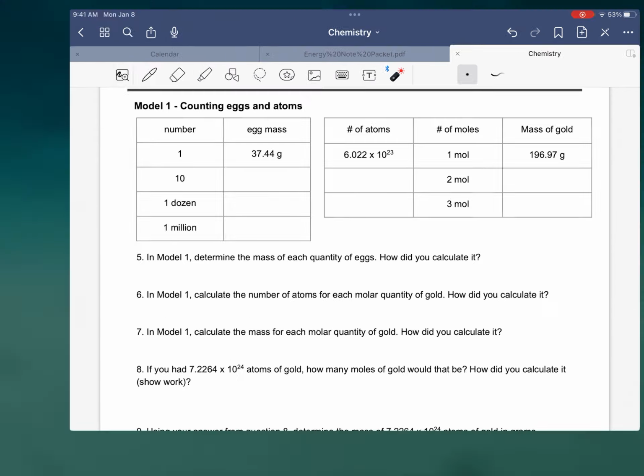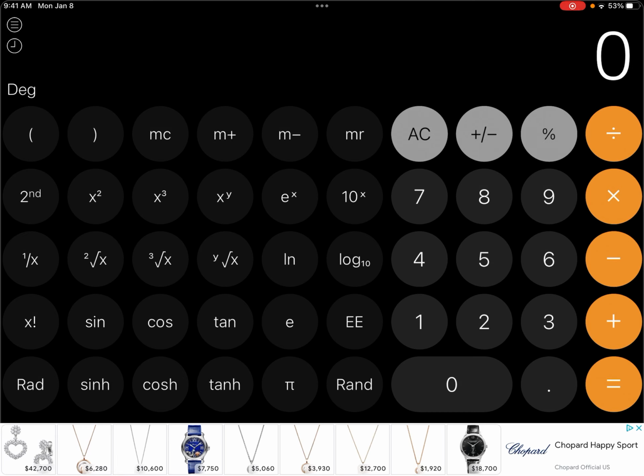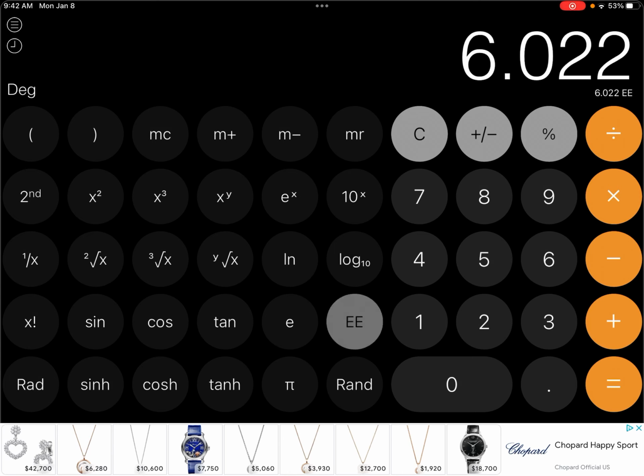I am going to show you how you put this into a calculator on your phone. If you have an iPhone, if you turn it on its side, you'll get this screen. How we would put it in, we would take Avogadro's number, so 6.022. To do the times 10, you hit the EE and then the 23rd.